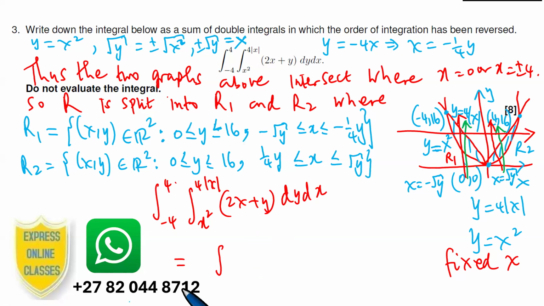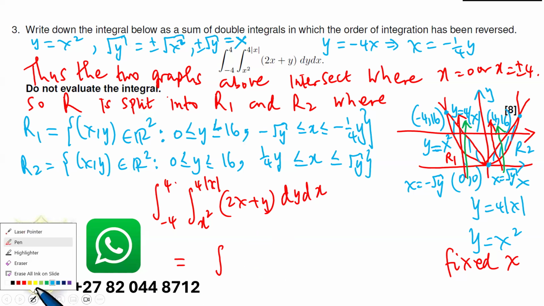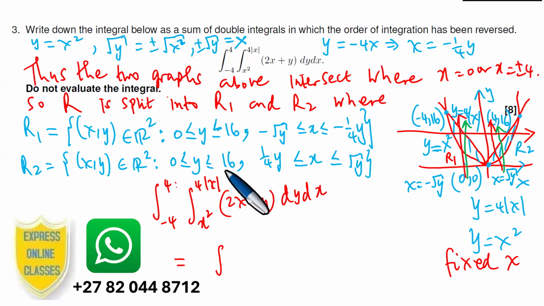Now, which means we are in a position to use these two regions. So the integral, therefore, is anchored and performed over these two regions. Region 1, we're going to write the integral like this. The integrand is the same, 2x plus y. This one was dy dx.